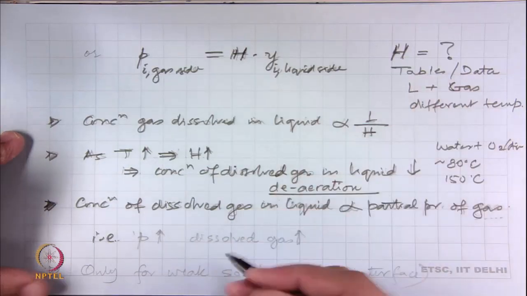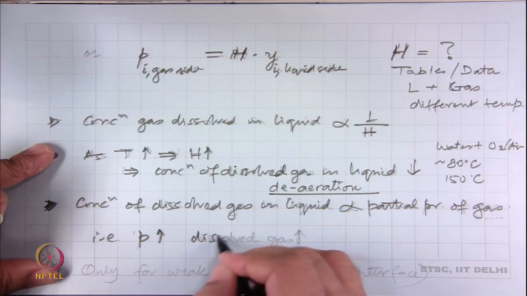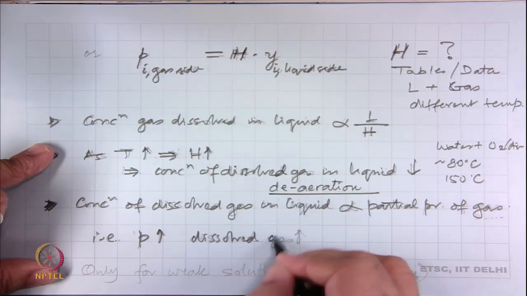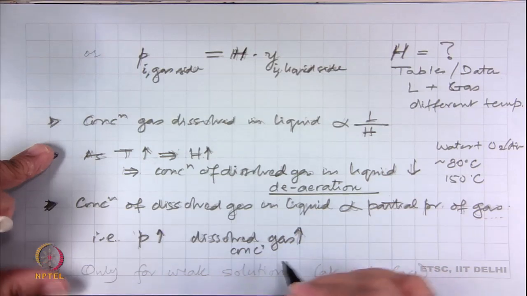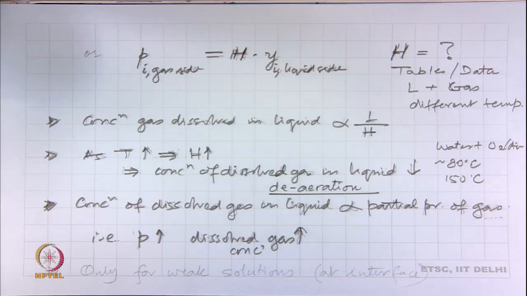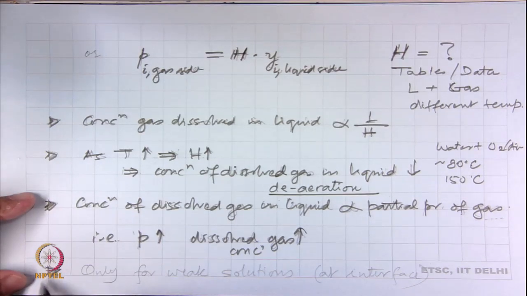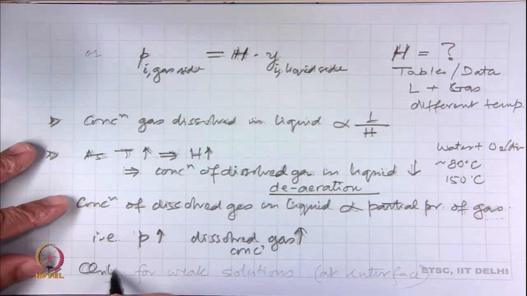It is related to the surrounding total pressure. So, if P goes up, dissolved gas concentration goes up, and that is the idea of aerating water, that you increase the pressure and dissolve some gas into it. The gas could be carbon dioxide, which is what we have actually in aerated drinks.